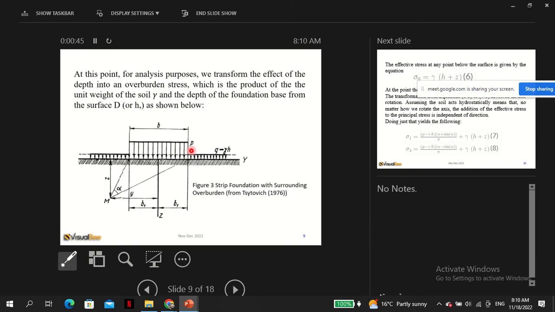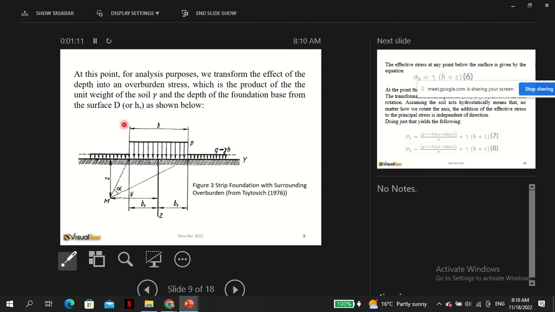So at this point, for the purpose of analysis, we transform the effect of the depth into overburden stress. I think we mentioned this before, which is the product of the unit weight of the soil gamma and the depth of the foundation base from the surface, D or H as shown. So the key is just gamma times H. We already said this.